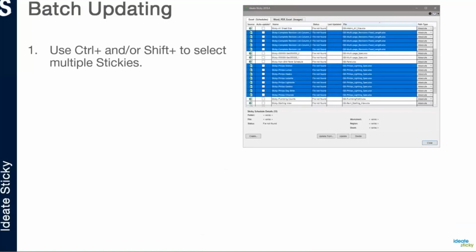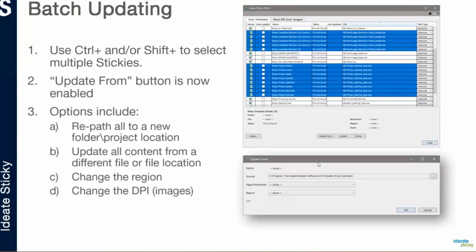Well, now you can do a multi, like using Control, the normal Windows functions, or Shift Select to select a whole series of stickies in the dialog and be able to update that so that you can do the update from, or you can repath to a new folder, or you can specify, like I said, a relative path or change the DPI if you're working with images.